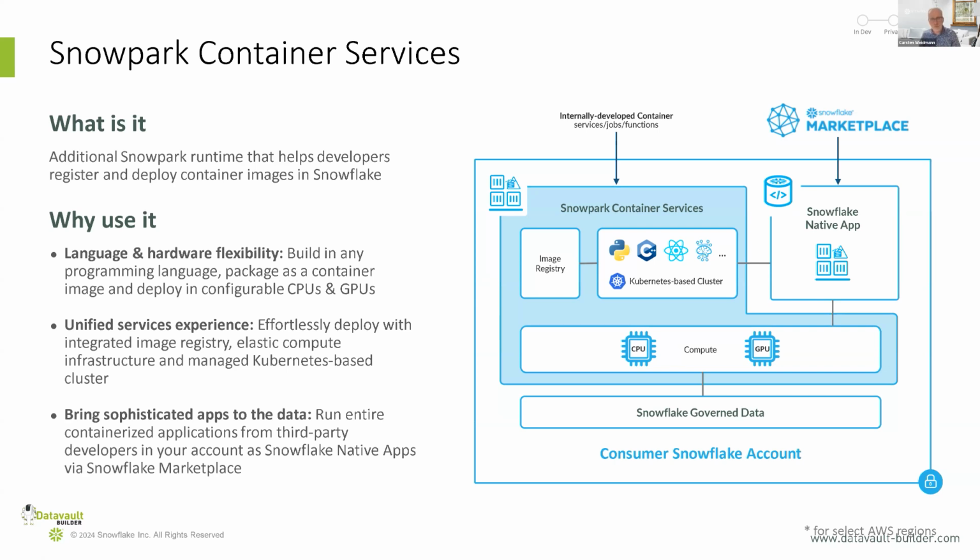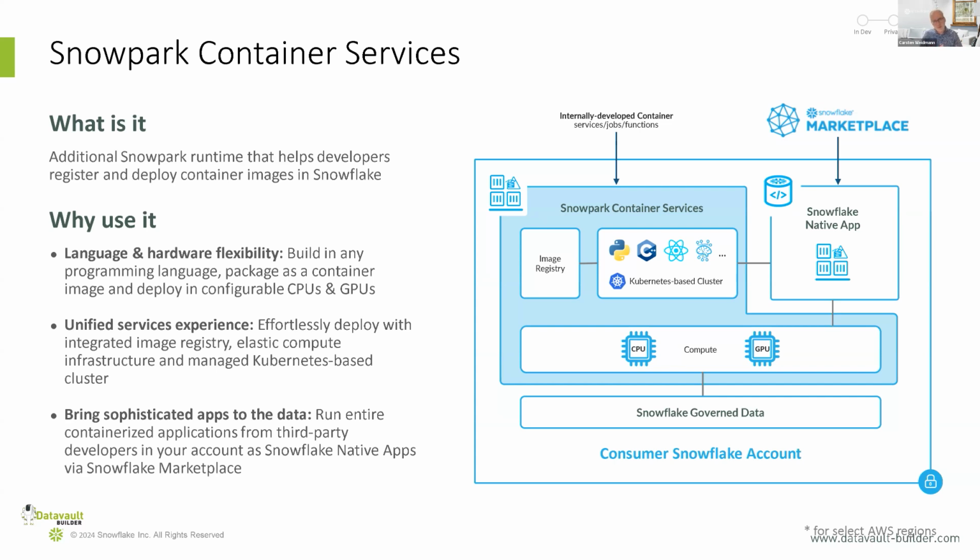We then introduced Snowpark optimized warehouses, but all these warehouses could do is basically run SQL, with some user-defined functions written in Python or JavaScript, and that was a limitation. To expand the capabilities of what users could do inside Snowflake, we added Snowpark Container Services, which is another type of compute in different configurations.